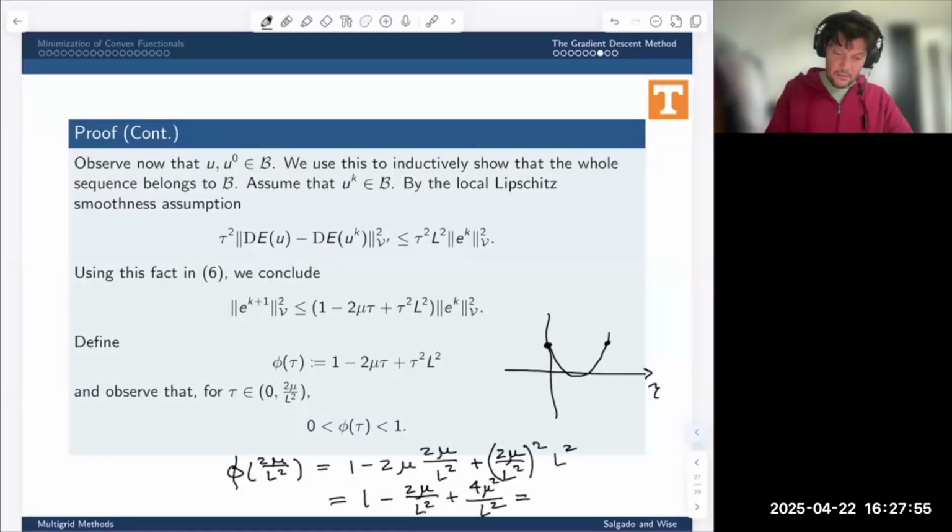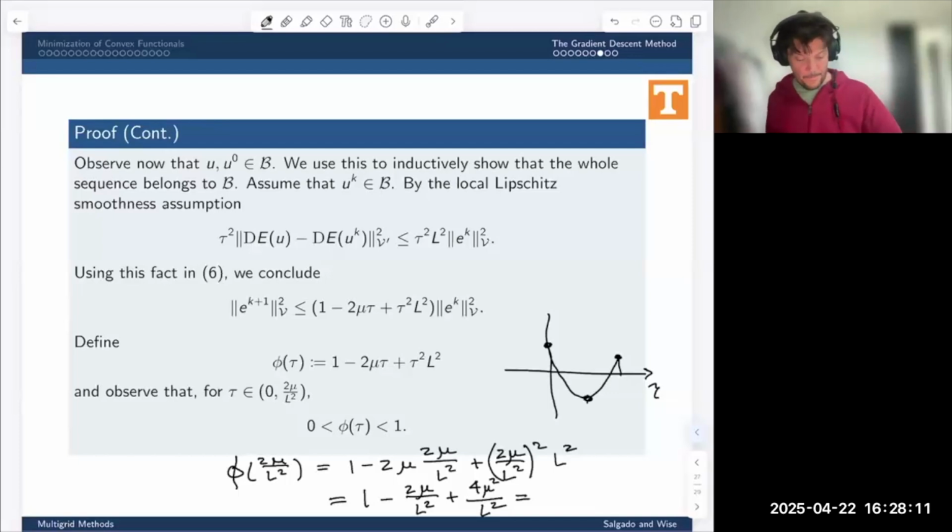So it's probably going to look something like this. I think what you can show is maybe it goes down to 1 and then back up, but I'm not exactly sure. So it's something for us to check.